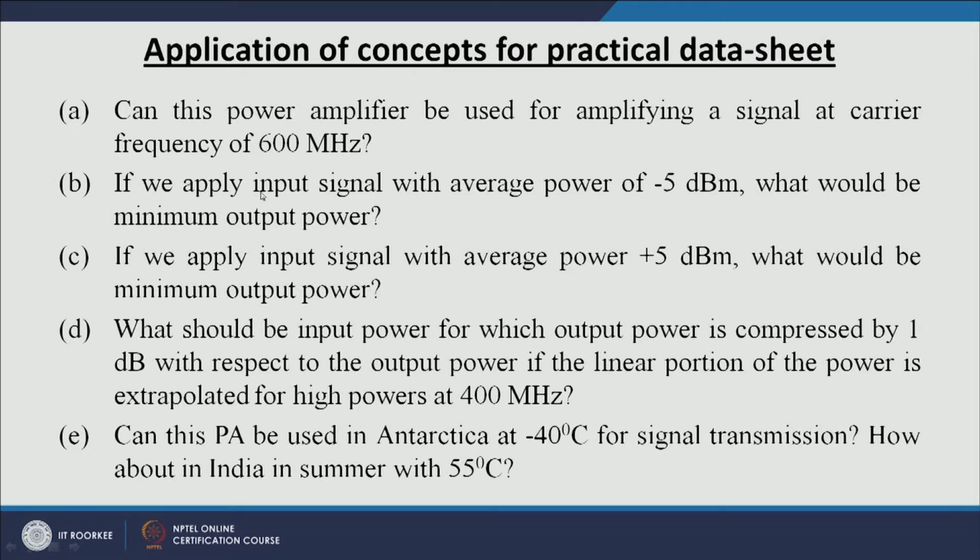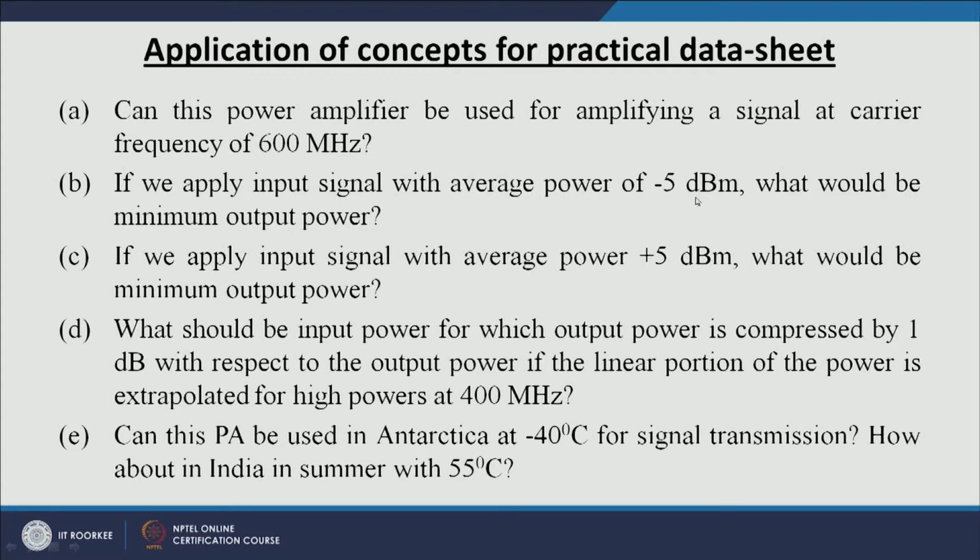Now the second query appears: suppose we apply an input signal with the average power of minus 5 dBm, what will be the minimum output power? So we are given the average input power. To calculate the minimum output power, we should have a look at its gain characteristic.